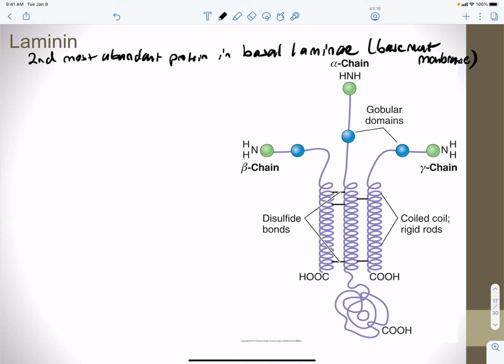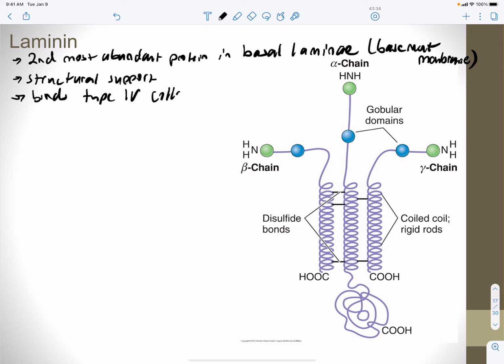Okay, and so laminin is actually going to provide structural support, and it binds to the type 4 collagen, as well as other molecules, and it's going to also bind to cell surface associated molecules, the integrins.